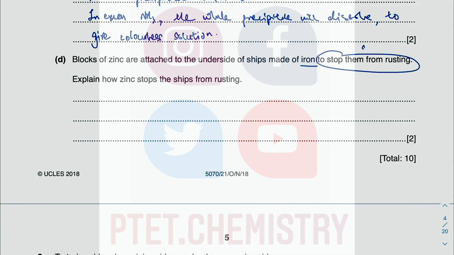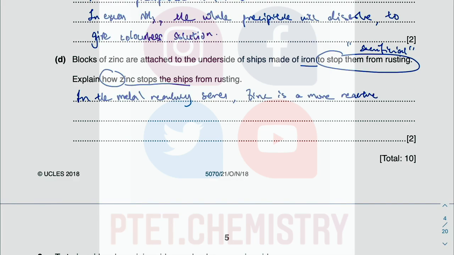Yeah, okay. Next bit, blocks of zinc are attached to the underside of sheet metal iron ships to stop them from rusting. So this is a bit of sacrificial protection there. How does zinc stop the ship from rusting? Explain how, right? Okay, so in the metal reactivity series, you know zinc is a more reactive metal than iron because it is higher up in the reactivity series than iron, right?